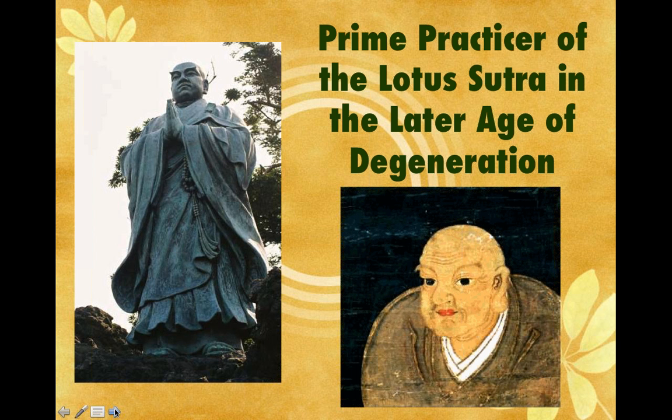All right. Now we come to the prime practicer of the Lotus Sutra in the latter age of degeneration. I've encountered, not many, but a few people who claim that they revere and honor the Lotus Sutra, but Nichiren has nothing to do with it, that they're not Nichiren Buddhists, they're not practitioners of Nichiren anything.